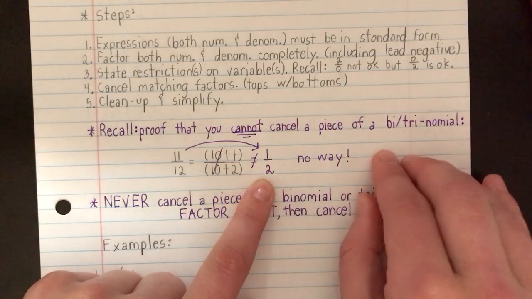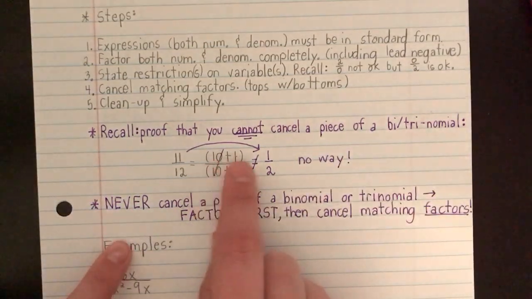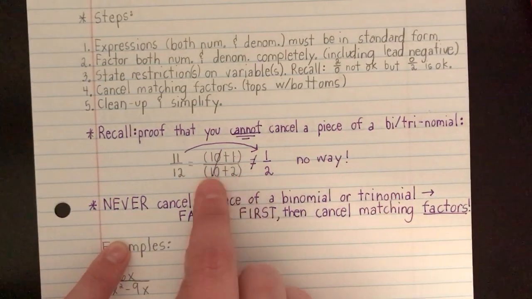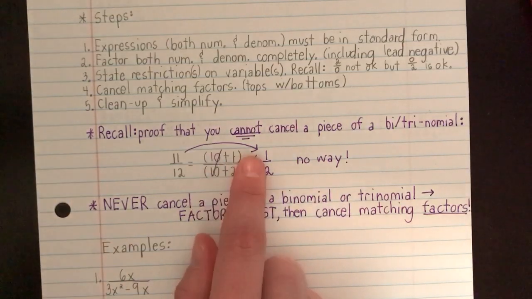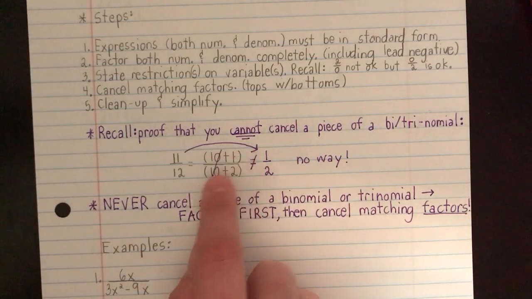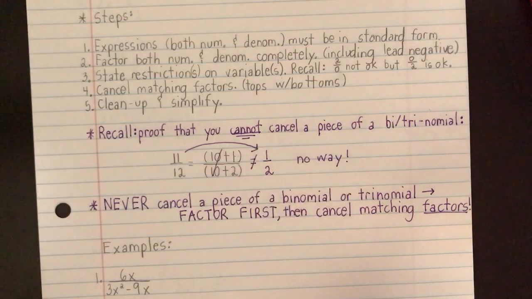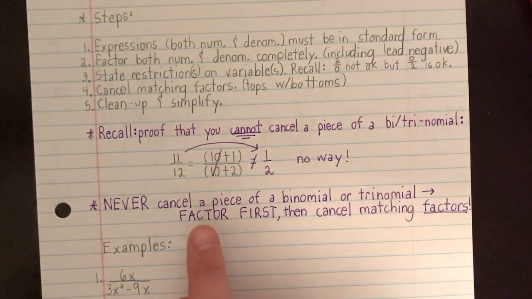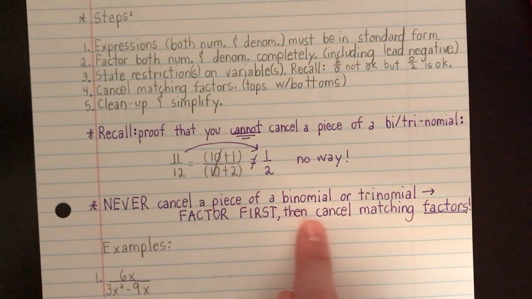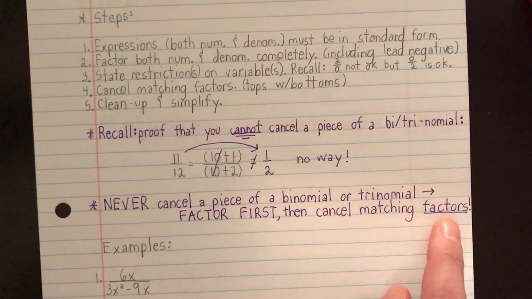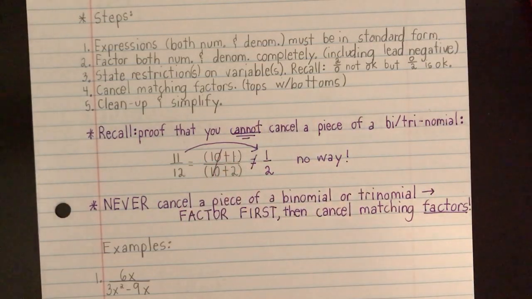No way. Okay, so you cannot cancel a piece of a binomial with another piece of a binomial. It's all or nothing. Either they're exactly alike or they're not exactly alike, in which case you cannot cancel. So factor first, then only cancel matching factors, only if they're exactly alike, and we're going to talk about that more here.